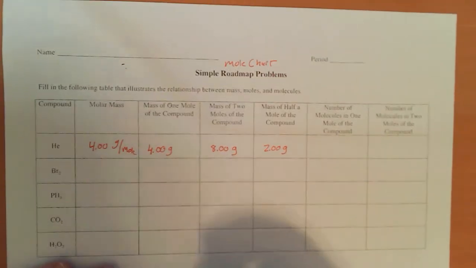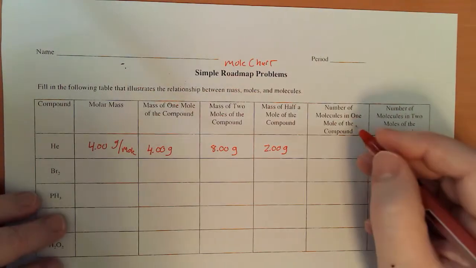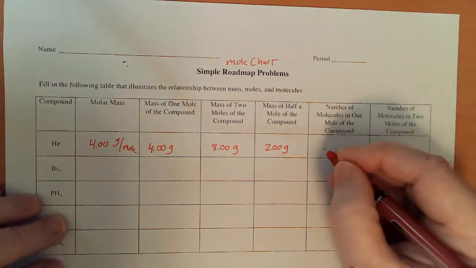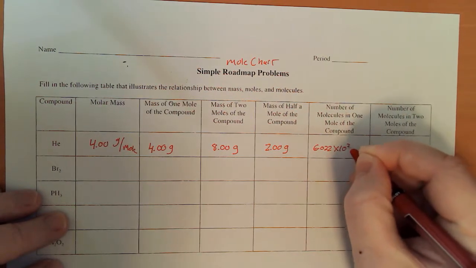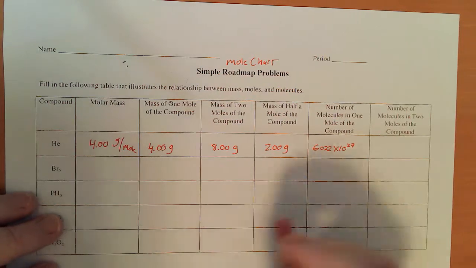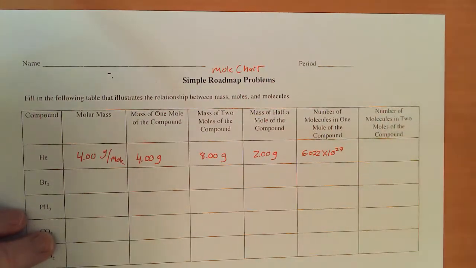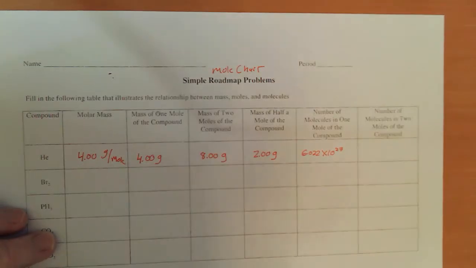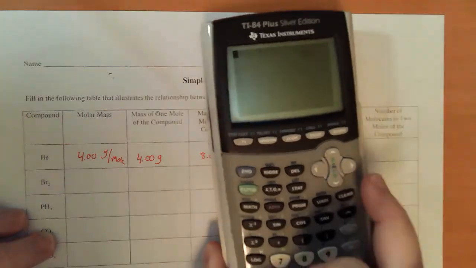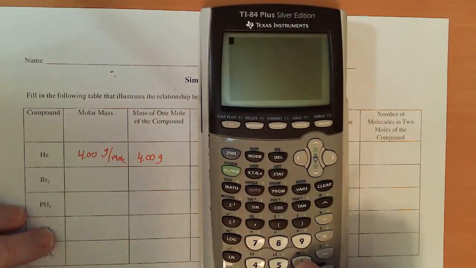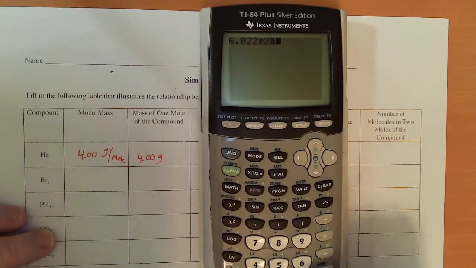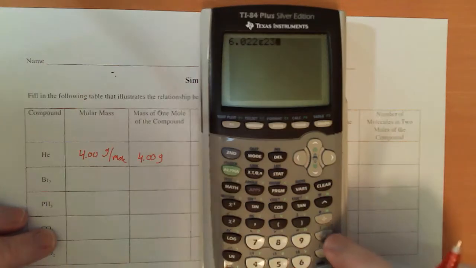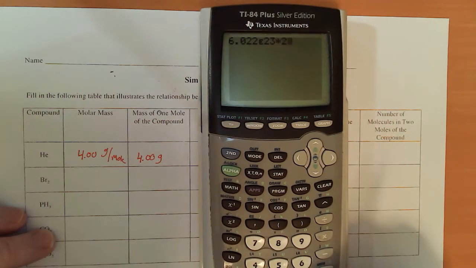Now, basic definition time. How many molecules are in 1 mole of this? 6.022 times 10 to the 23rd. How many molecules are in 2 moles of this? So what I'm going to do here, take my calculator, and I'll take 6.022 EE 23, and I'm going to multiply that by 2.